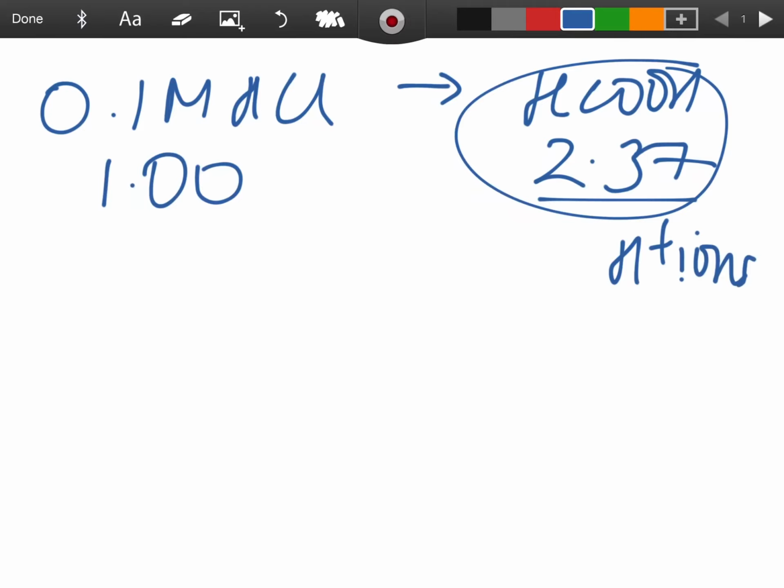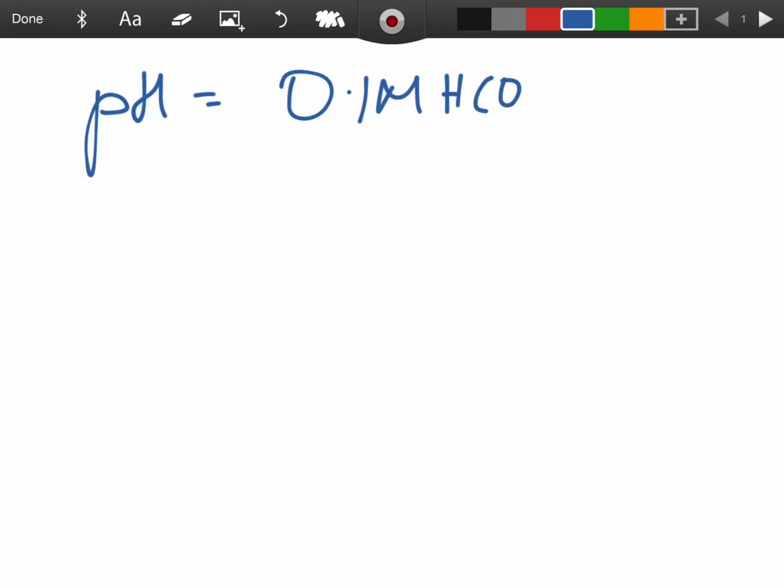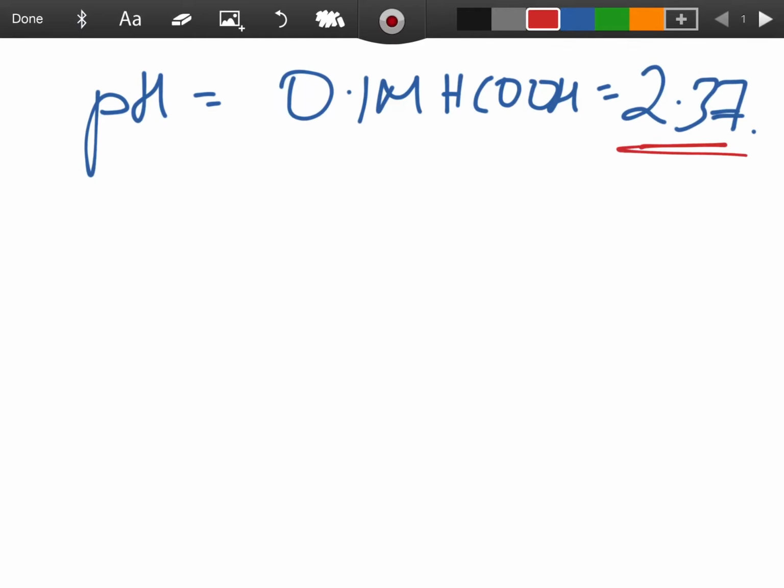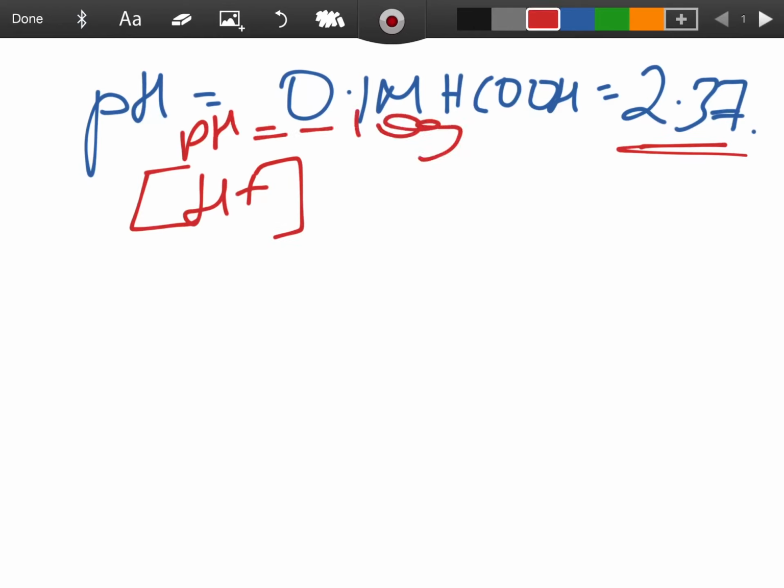So it says use the pH values given. So use the pH value given for the 0.1. Now, what was the pH value for a 0.1 molar methanoic acid? It was 2.37. Lads, the minute, I was trying to make this point to you in the last videos, the minute you see a pH value, you are immediately thinking, I can calculate hydrogen ions, because pH is minus the log of the hydrogen ion concentration.